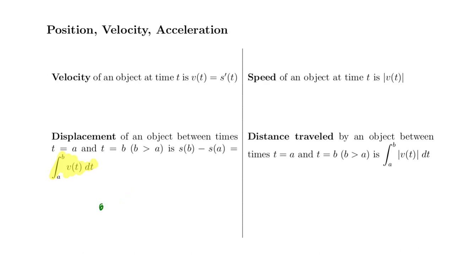Let's say that we start here. And let's say we move around and we do a whole bunch of stuff, and then we loop back and we end here as well. Our displacement is just the distance between these 2 points, right? The starting and the ending spot, which is 0.